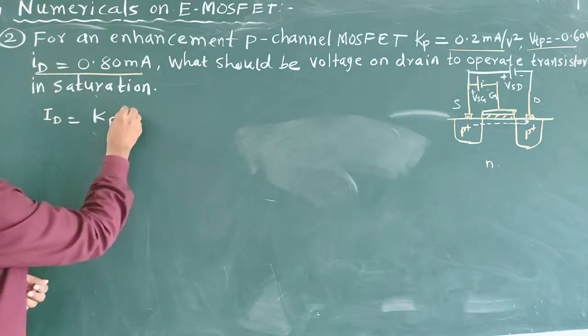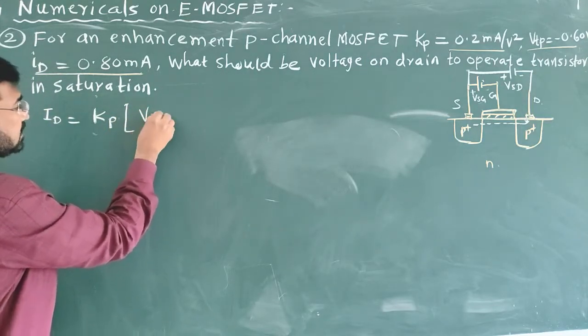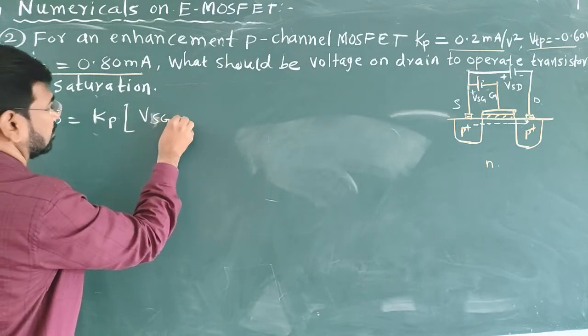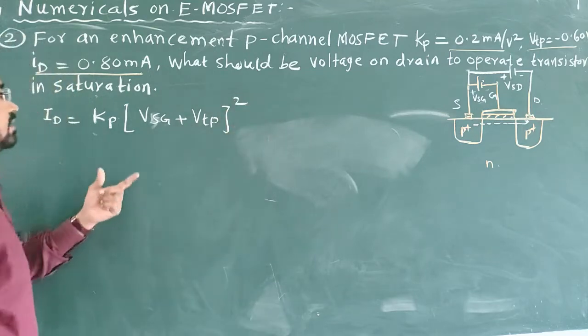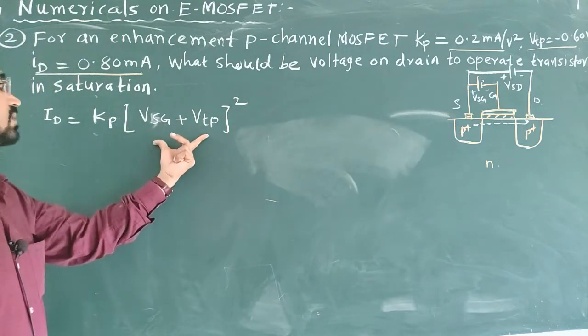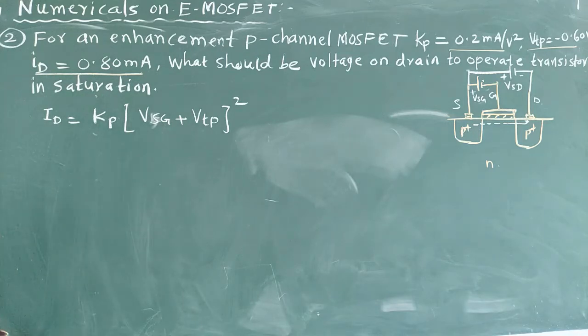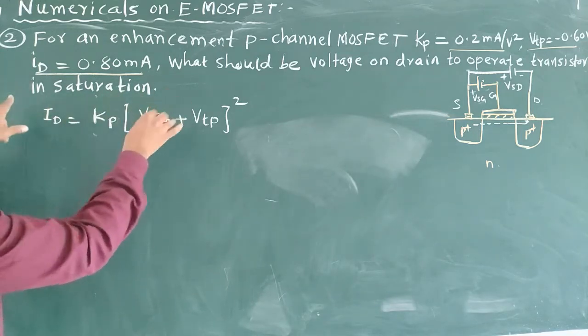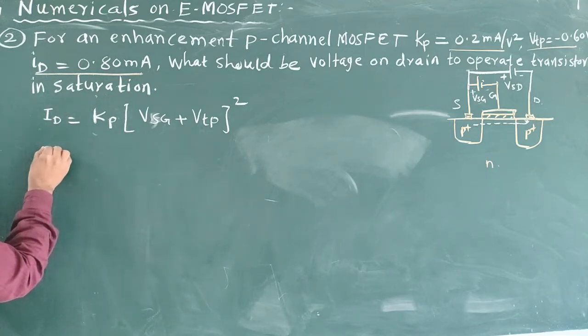See, Kp times VGS, VSG plus VTP. So here for PMOS it is VSG plus VTP, all squared. Let us put the given quantities. ID is given, so it is 0.8.